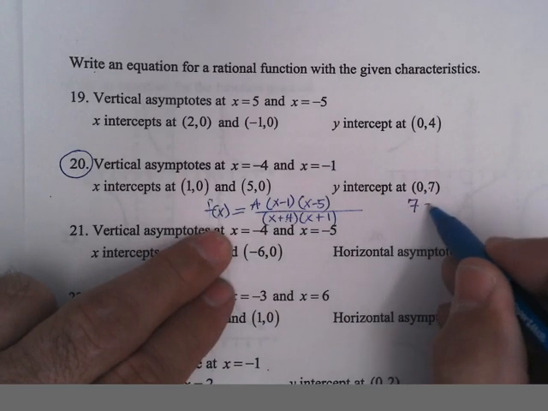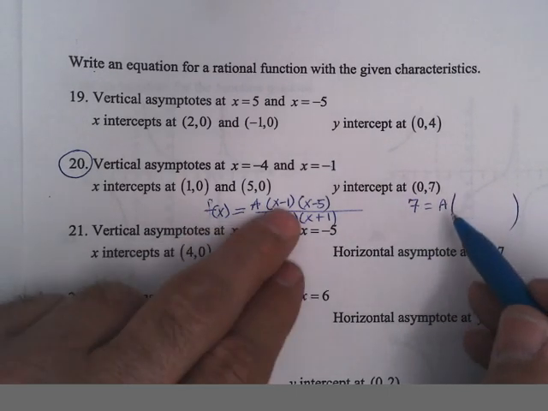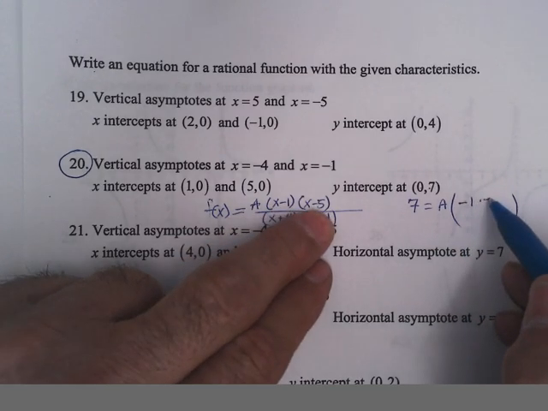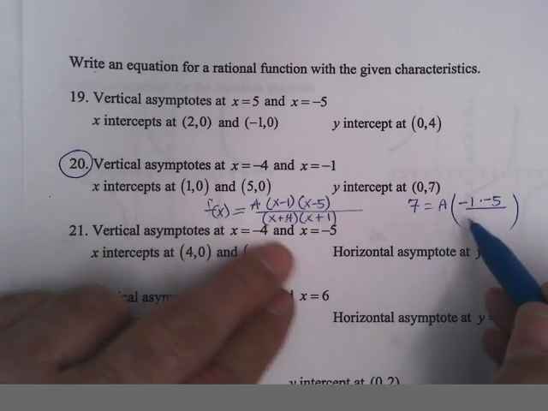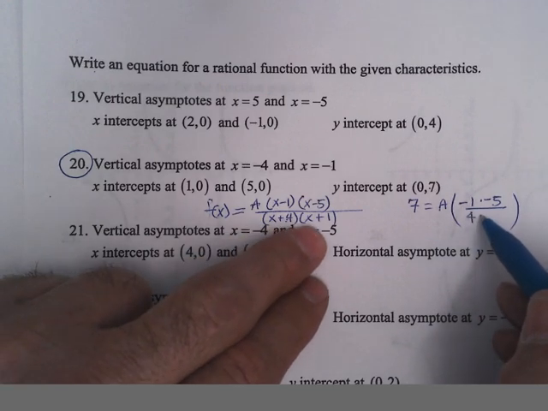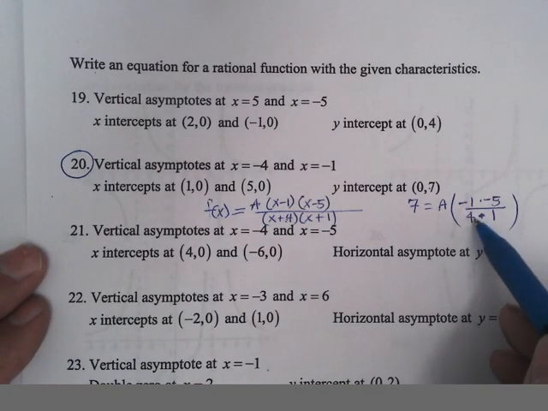So 7 equals a times, if I put 0 in there, I get -1, times 0 in there, I get -5, over 0 in there, I get 4, and 0 in there, I get x plus 1. So this is 5 over 4.